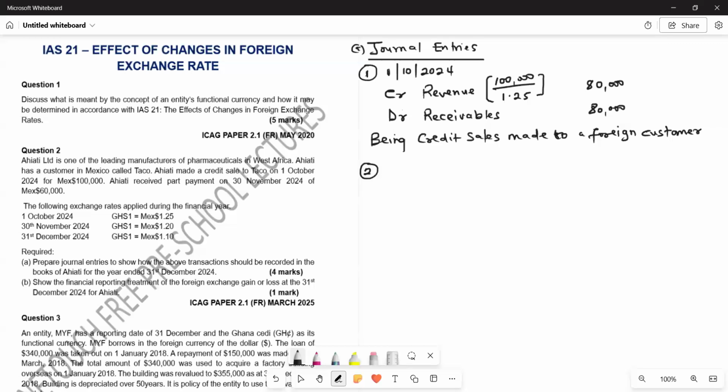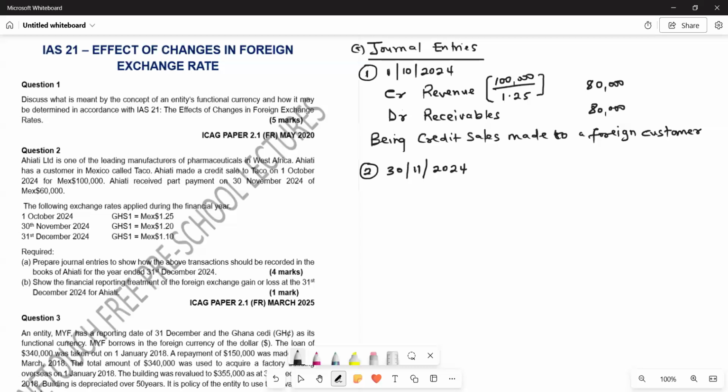Number 2, payment was made on what? On 30th November. So FR students, this is what we are using to mark your paper, to be consistent. So 30th November 2024. Payment was made. How much? 60,000. Is that not it? Yes.